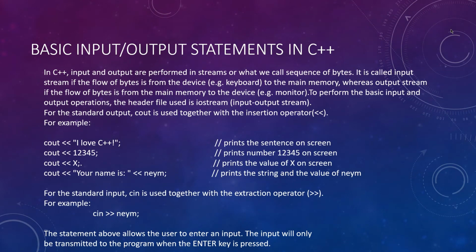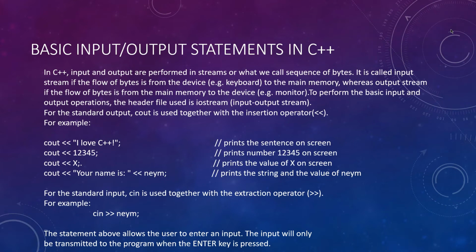Basic input or output statements in C++. In C++, input and output are performed in streams, or what we call sequences of bytes. It is called input stream if the flow of bytes is from the device to main memory, whereas output stream if the flow of bytes is from the main memory to the device.